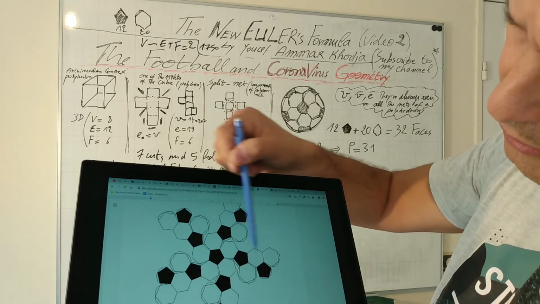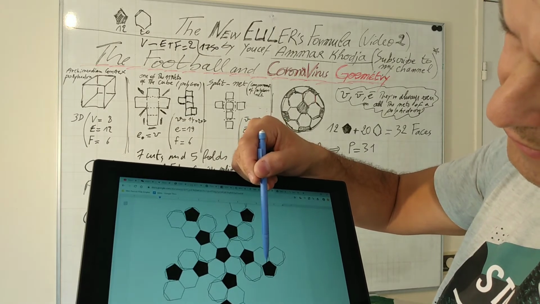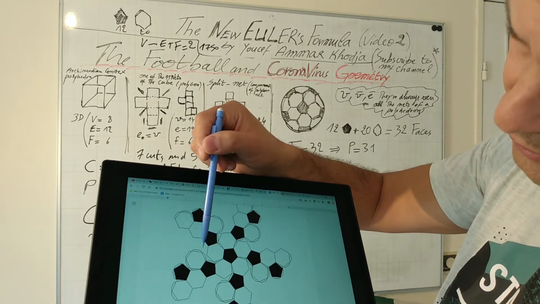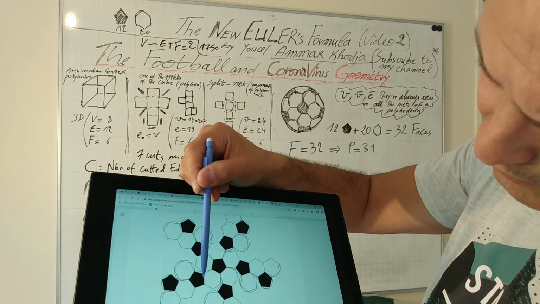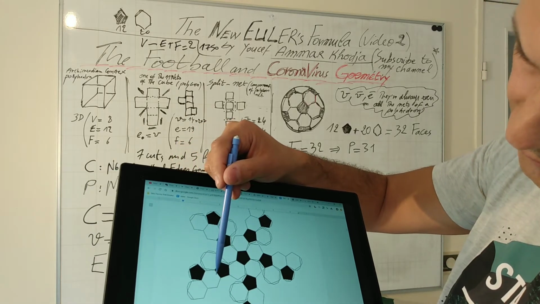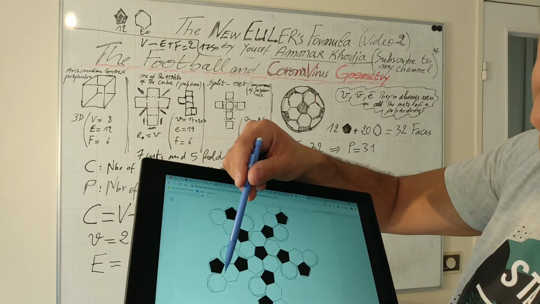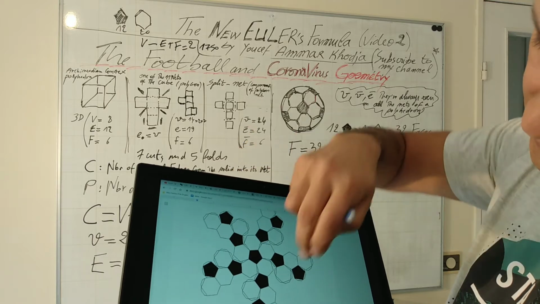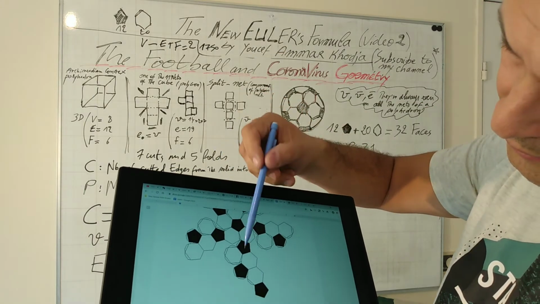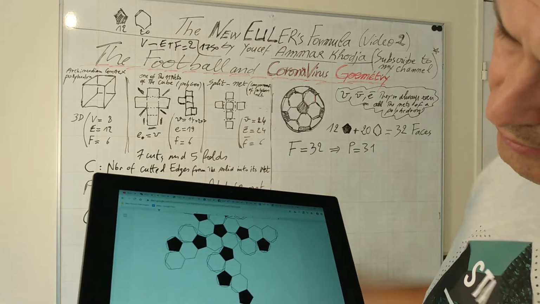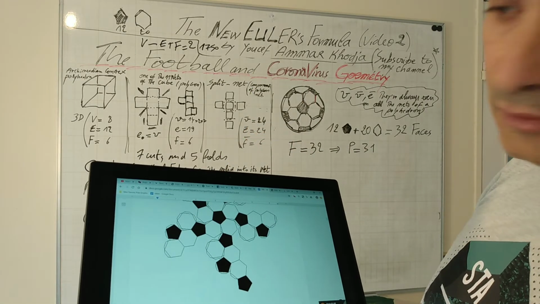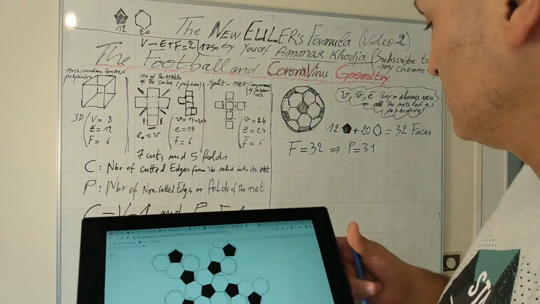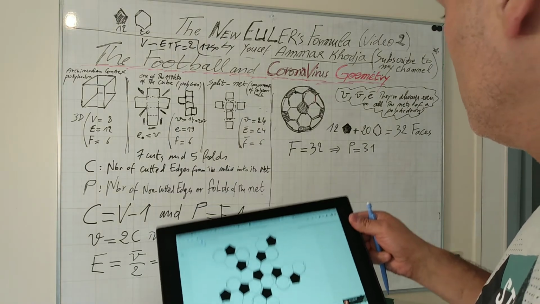I try to do it row by row. 16, 17, 18, 19, 20, 21, 22, 23, 24, 25, 26, 27, 28, 30, 31. So 31 folds on the football skin. P equals 31.